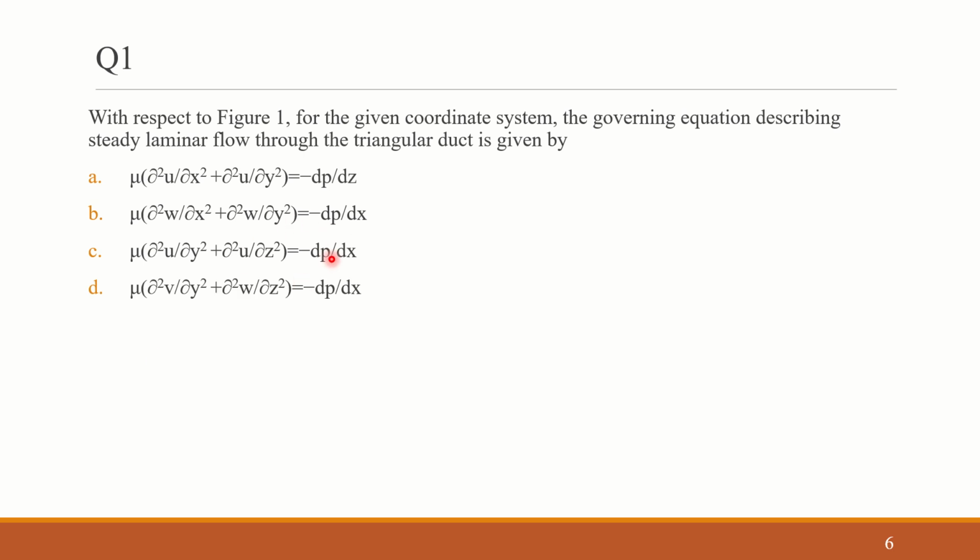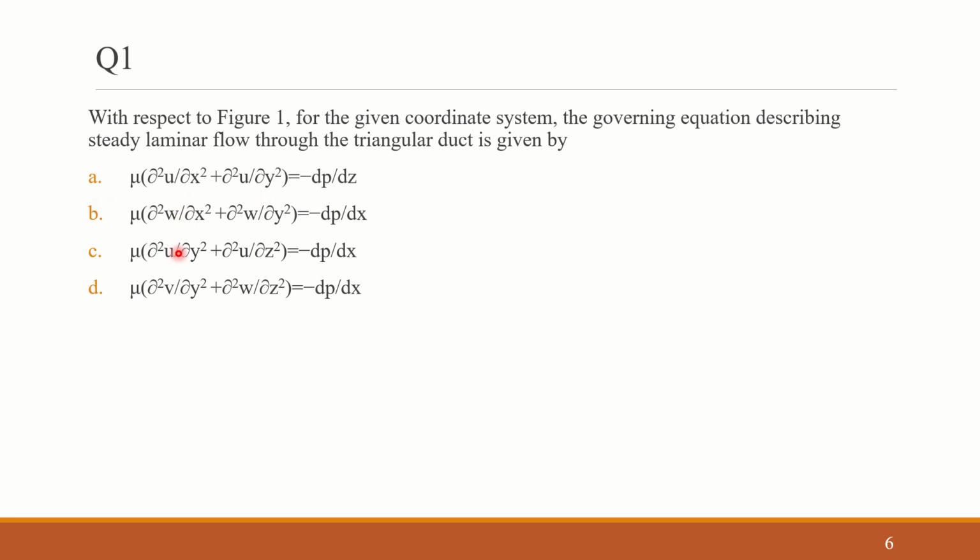And pressure gradient will obviously be in the x direction. So on that basis actually we can rule out option A, and option B is again a mix of equations, so we do not have w component velocity actually, so option B is false.